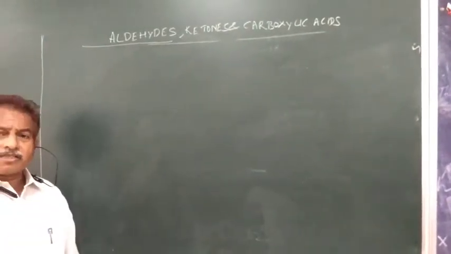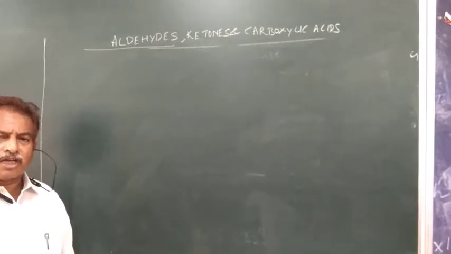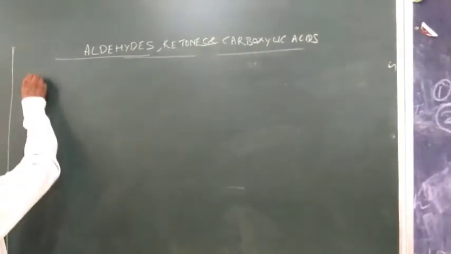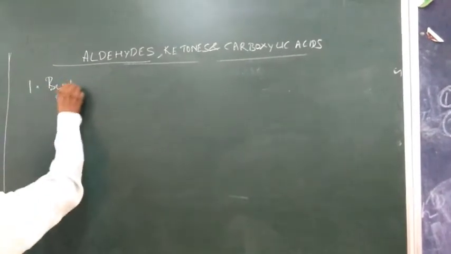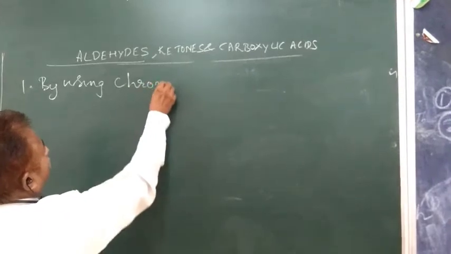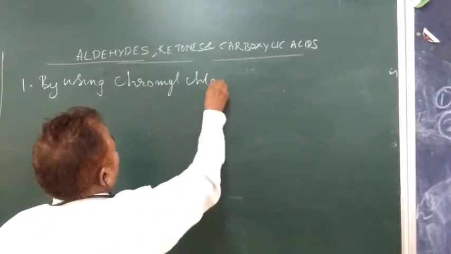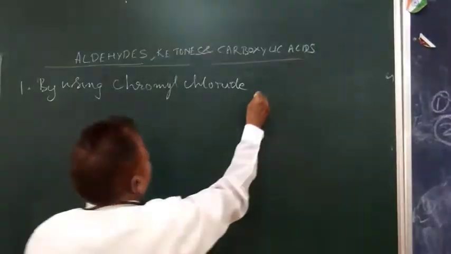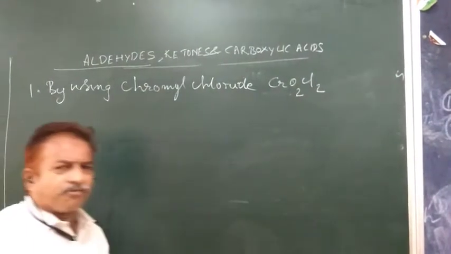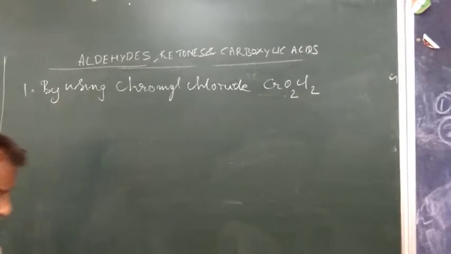Now let us discuss the preparation of aldehydes from hydrocarbons by using chromyl chloride. CrO2Cl2 is the formula for chromyl chloride.